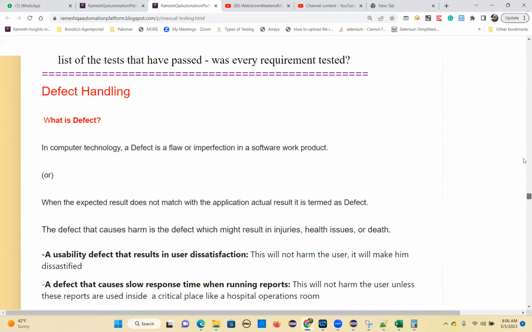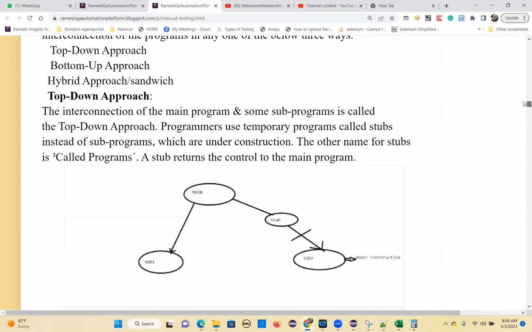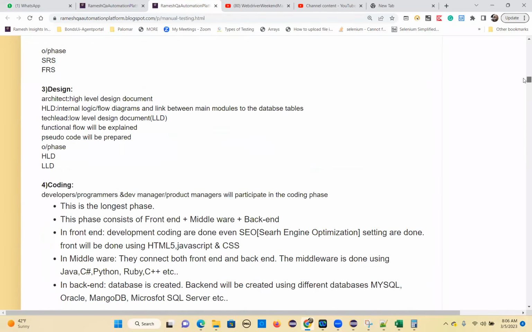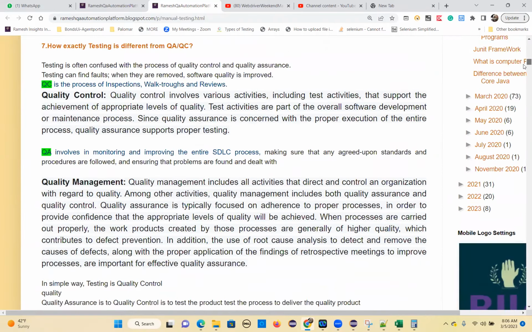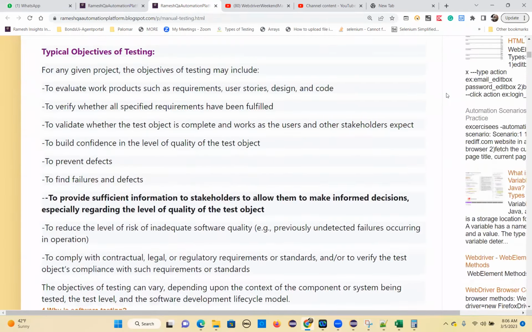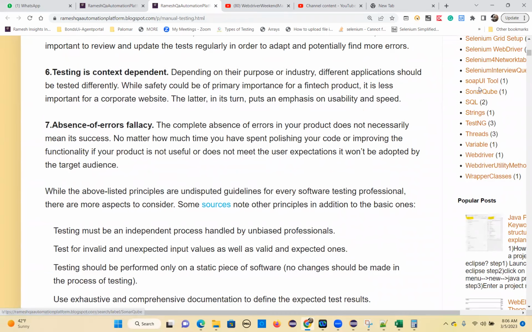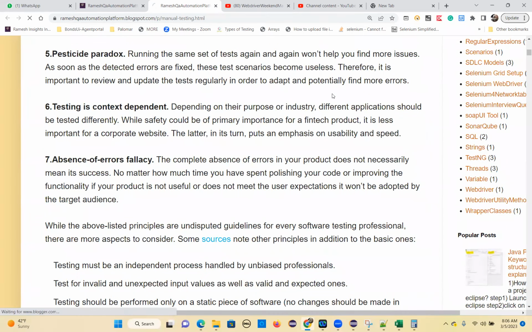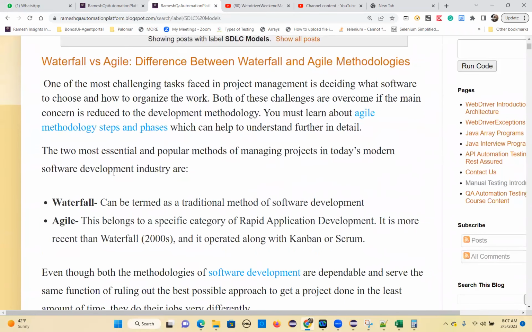So I want to discuss one more. Which one will you prefer, the waterfall model or agile methodology? Let me show. This is one of the very important SDLC models. See, the difference between waterfall and agile methodology.